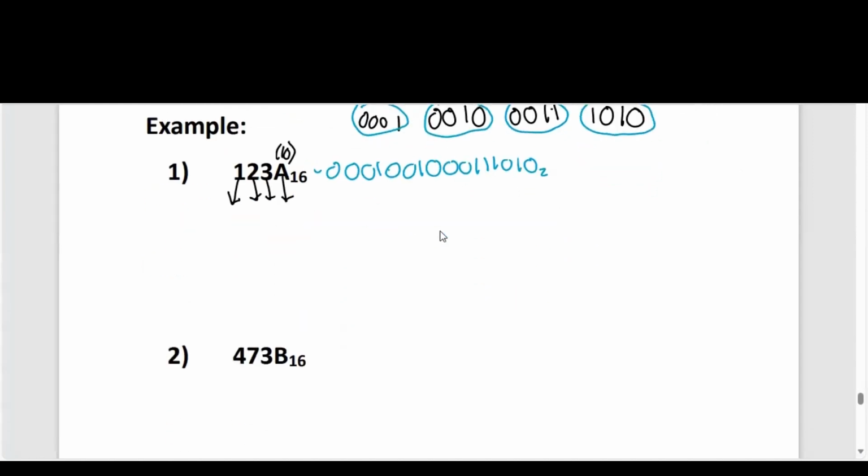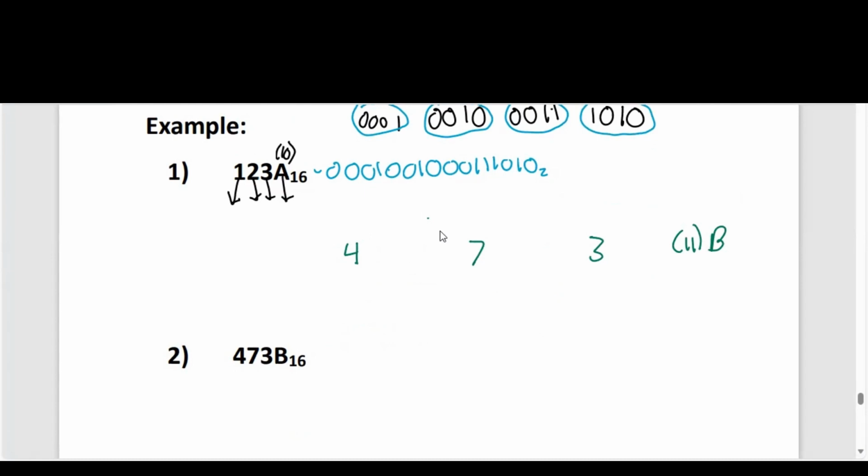Let's try this. So 4, 7, 3, B. A is 10, B will be 11, right? Yeah. So let's see how we could do this now. To get 4, actually I don't need anything, because 4, 2, 1.